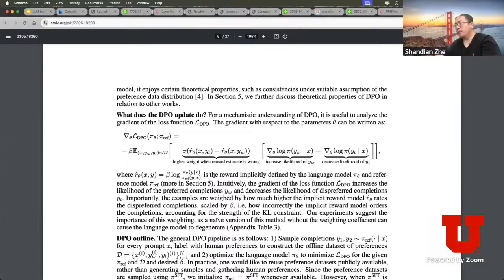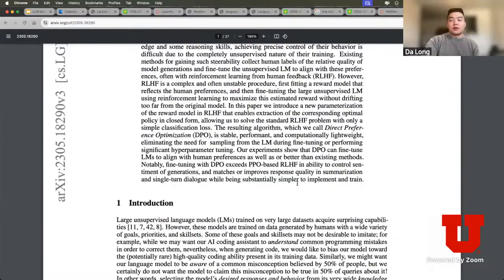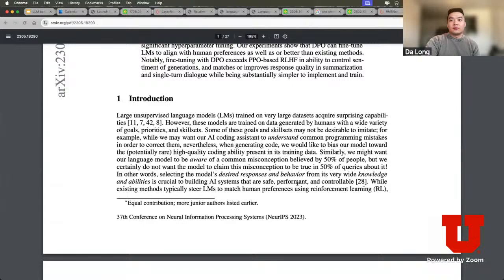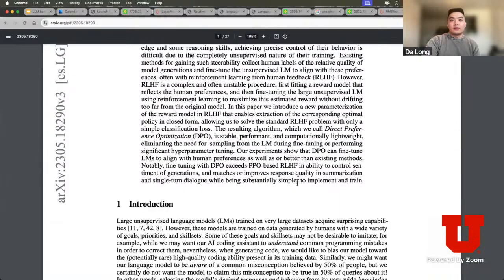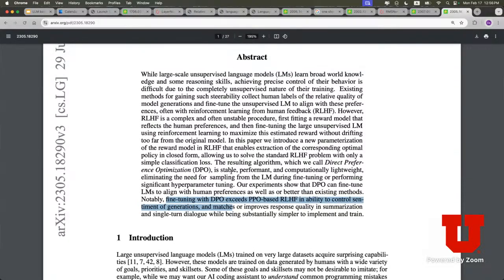Do they claim how it is better than PPO? From the introduction, I think this is way better than PPO. The problem with PPO is that even when they use PPO, the training is still unstable.